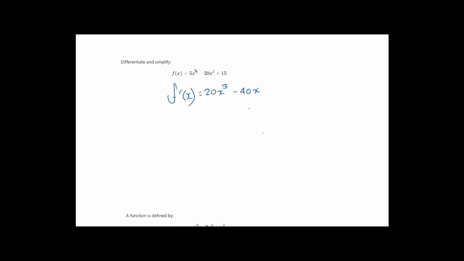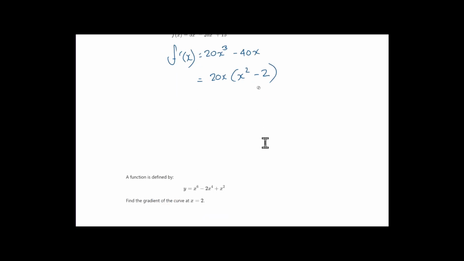By the way, if we wanted to factorize that, I guess we could. We could take 20x out, do it like that. That's one way of simplifying it, I guess.